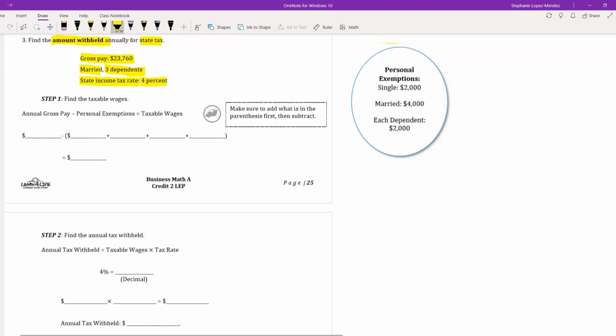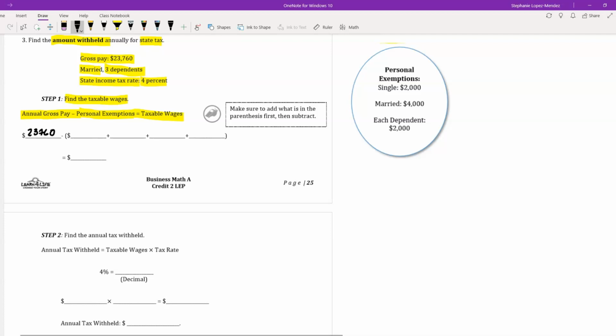So on our step number 1, we need to find the taxable wages. Remember, we're using the formula annual gross pay minus the personal exemptions equals taxable wages. So for gross pay, we have $23,760. And we need to subtract the personal exemptions.